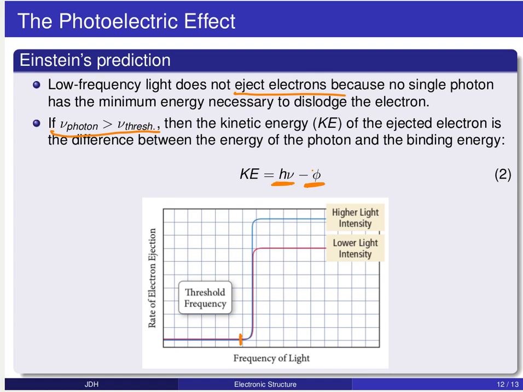So in our analogy, once again, h nu is how much energy I'm putting into a tennis ball that I'm shooting out of my tennis ball cannon at that drywall. And the phi here gives us a measure of how strong that drywall is, how much energy was required to just break the drywall.